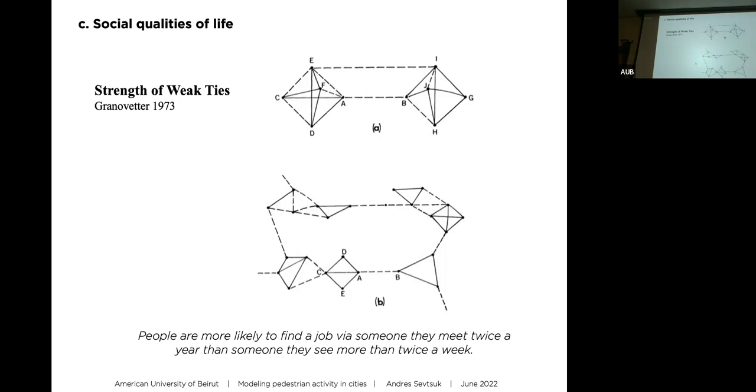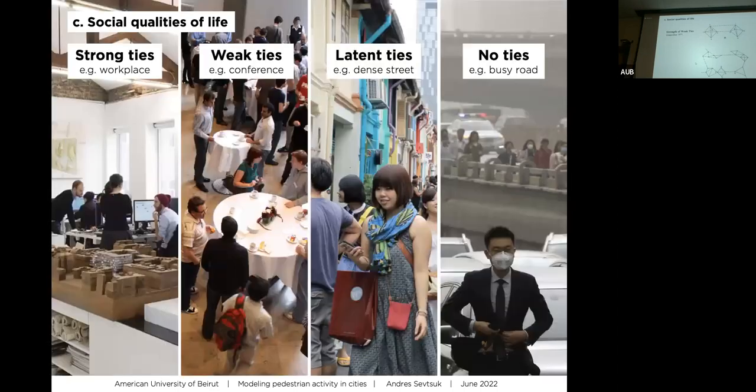Where do we establish our social ties? And in urban environments, strong ties represent people we work with or study with or live with. Weak ties may be people we meet at a conference or at a social engagement once a few months.